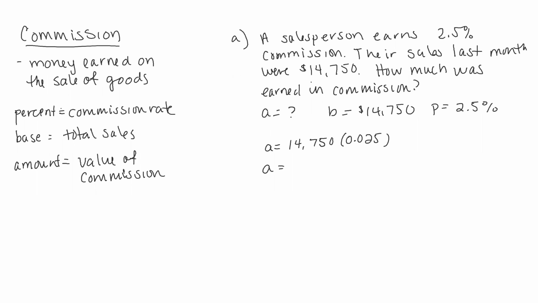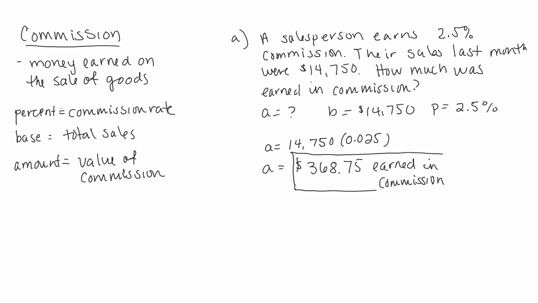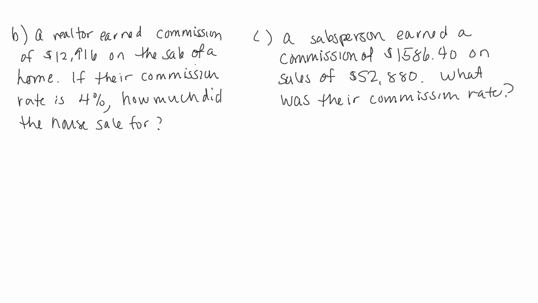So I would get 14,750 times 0.025. And I would get finally $368.75 earned in commission. So on top of what this salesperson earns as their hourly wage or whatever their salary is, they're going to get an additional $368.75 on commission.